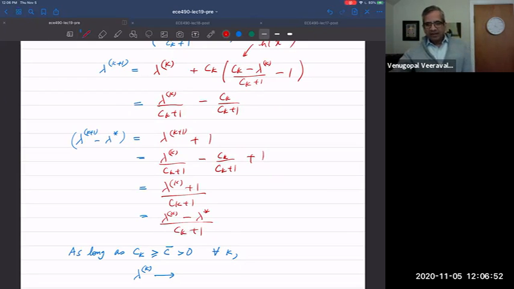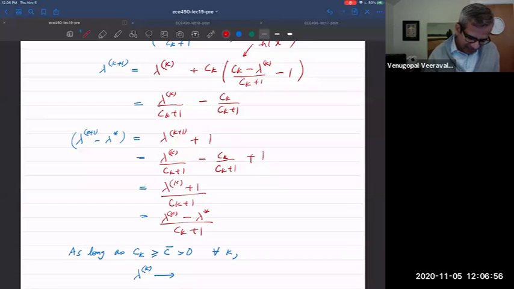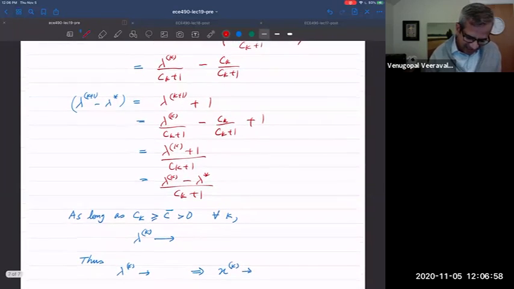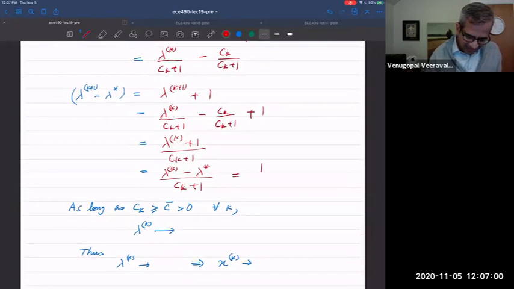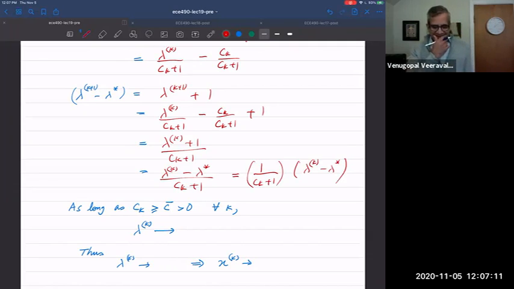So what's happening here? I can write this slightly differently, as 1 over (c_k plus 1) times (lambda_k minus lambda star). Now suppose I make my c_k larger than some positive threshold.